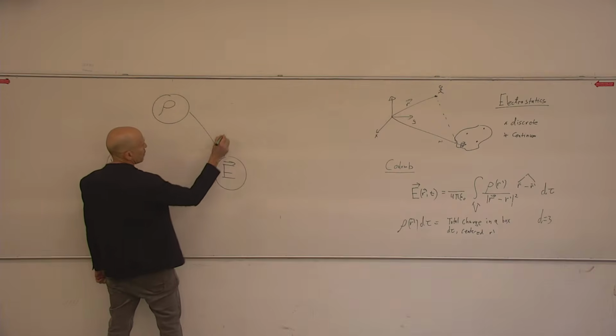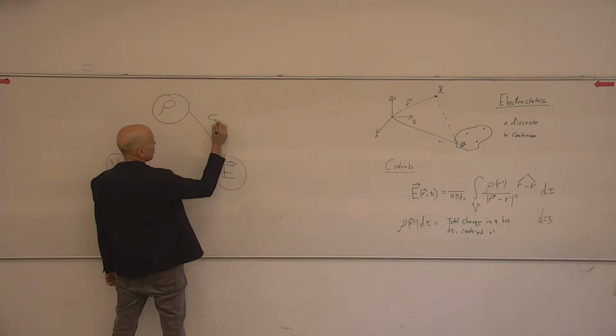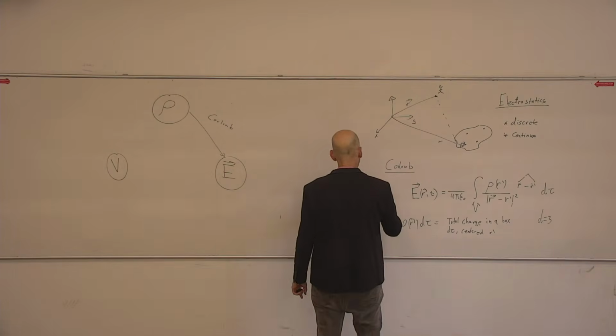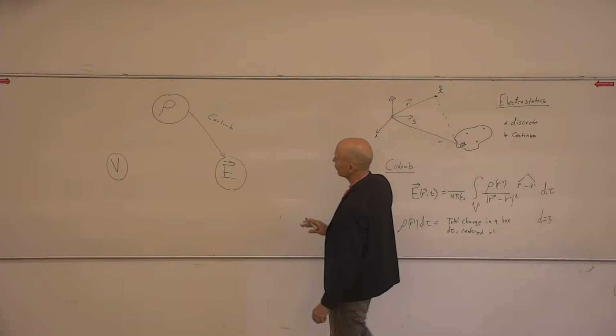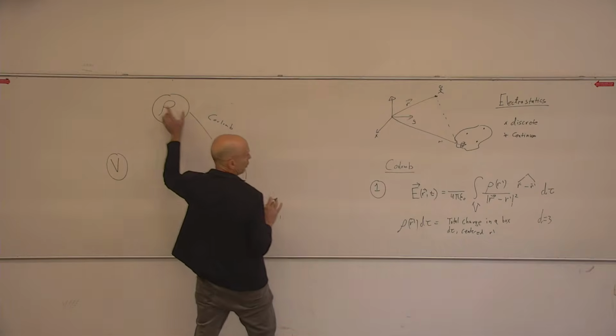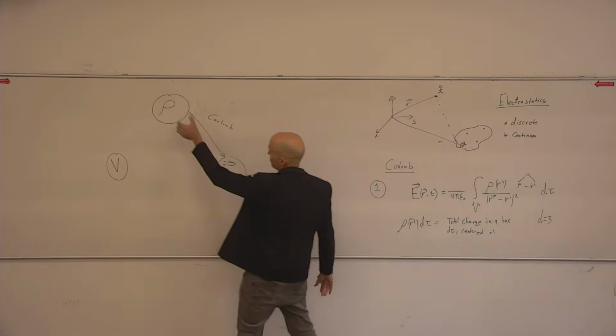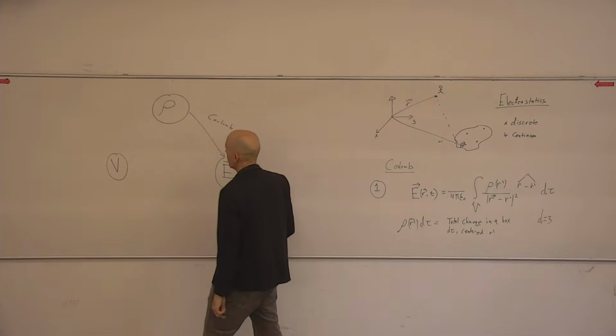This was equation 1, that is the Coulomb law. We had already this integral, equation 1. Give me rho, I can, in principle, find E this way.